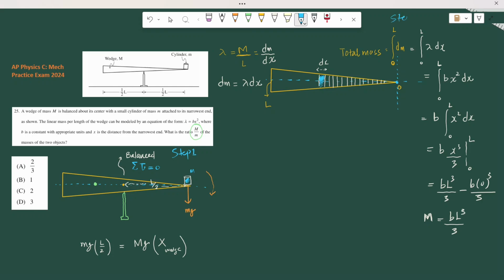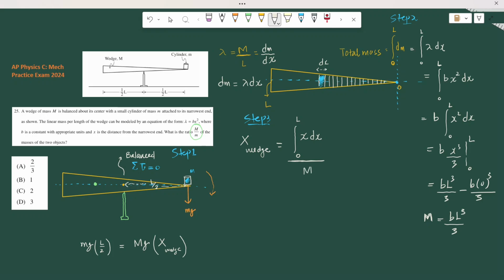This is our step 2. And now we are proceeding to step 3, where we will find the center of mass. So for the center of mass of the wedge, we already have an equation: the integral of x dm from 0 to L, divided by the total mass. And the total mass is obviously m.